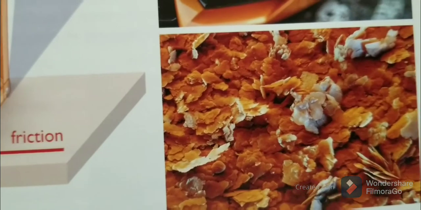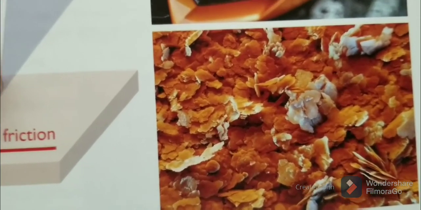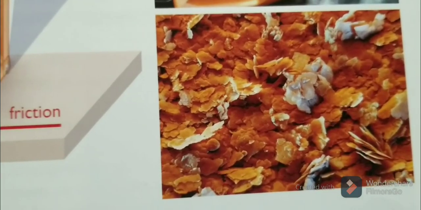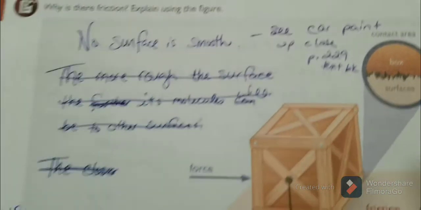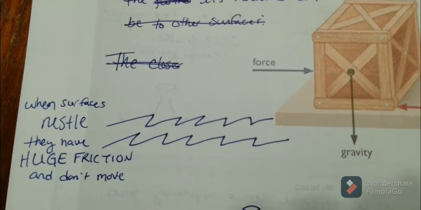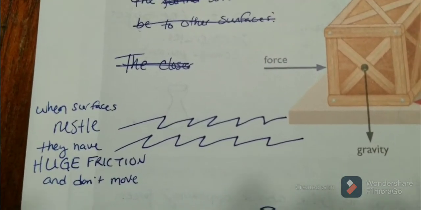It's actually got little bits of paint chips and stuff going on that you won't feel because it's just so tiny and microscopic, right? So there's really no smooth surface at all. So friction is everywhere. Friction's affecting everything.